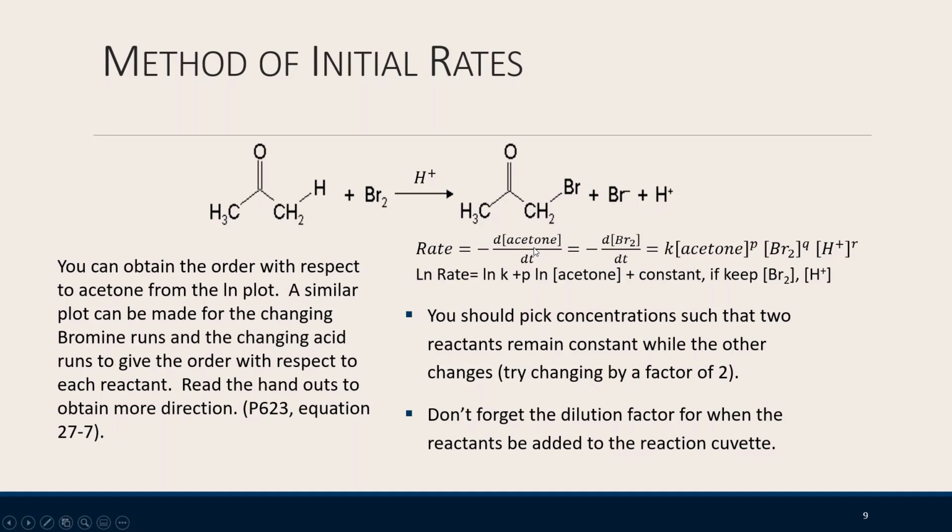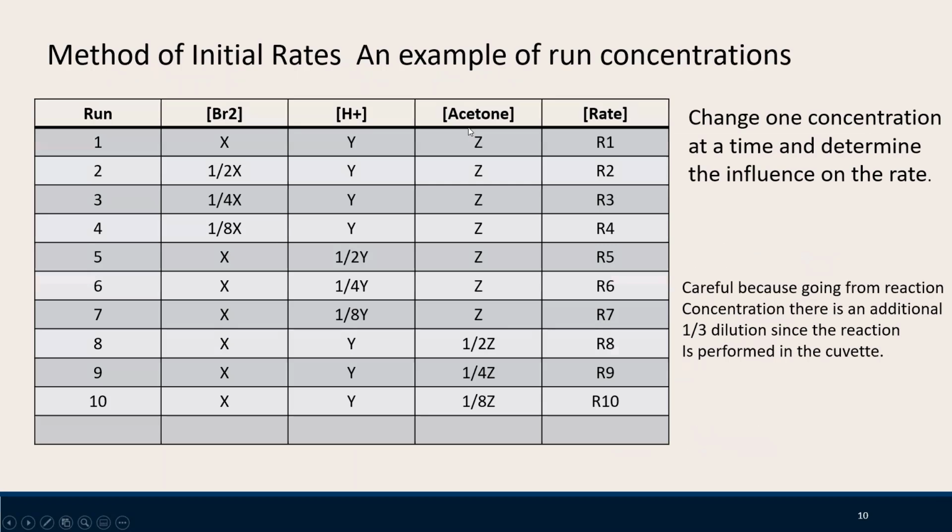When you calculate the concentration of each reactant, make sure you don't forget the dilution factor. I'll show you what the dilution factor is in this slide. So this is a much larger table than the one you had in homework 1, but the essential idea is the same. So let's look at runs 1, 2, 3, 4.